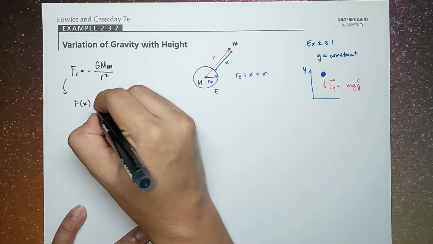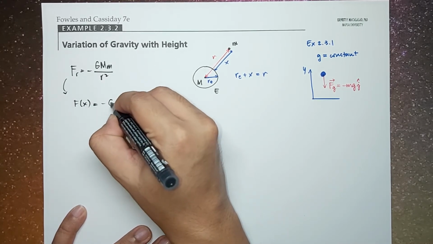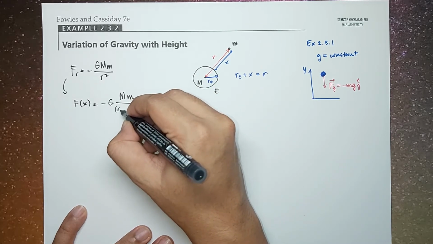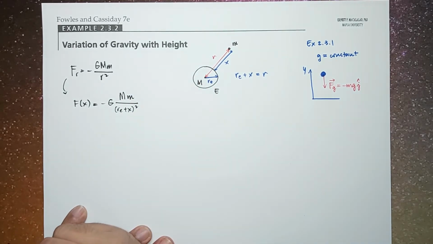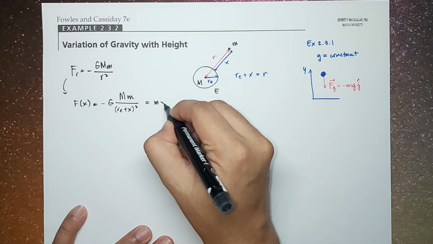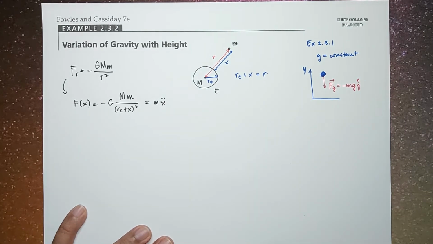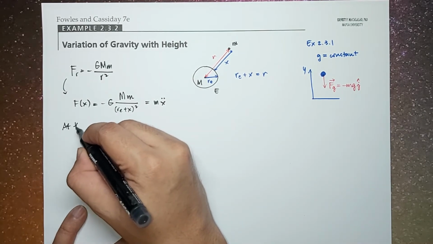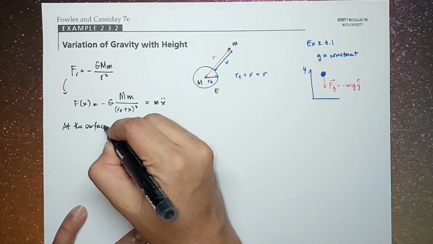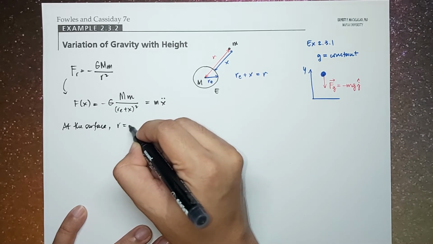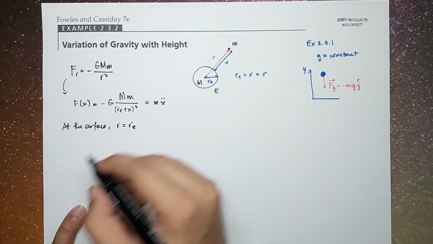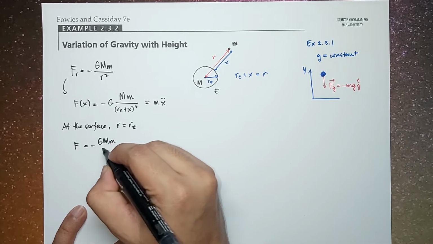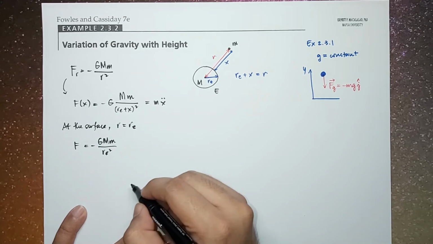So F(x) equals negative GMm over (R_E plus x) squared, and this is equal to m x double dot. You will notice that at the surface, where r is equal to R_E, the force will be equal to negative GMm over R_E squared.